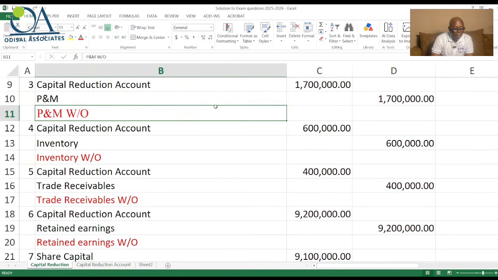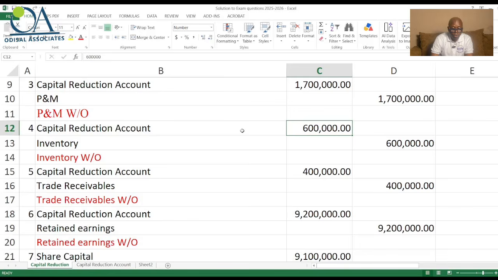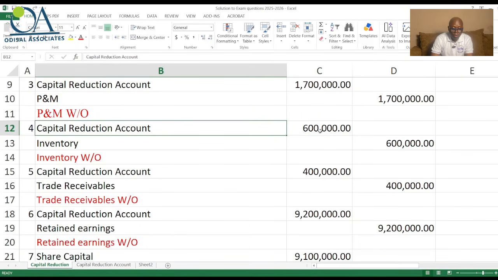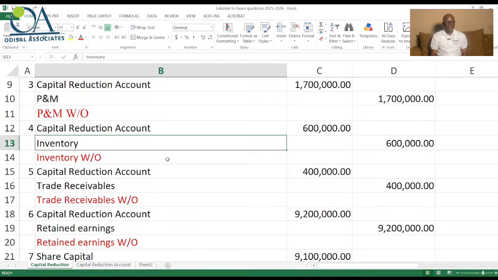So we say plant and machinery write-off or reduction in plant and machinery. Then the inventory was overstated by 600,000. So that means we're going to write off 600,000. So we say capital reduction account 600,000, inventory account 600,000 credit, to write off overstated inventory.